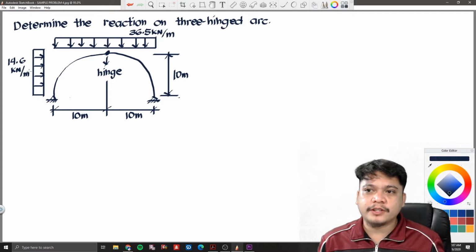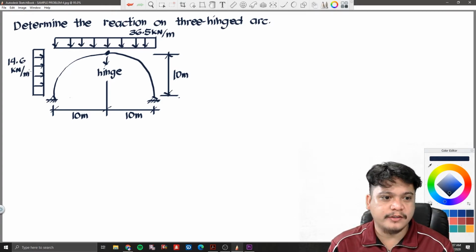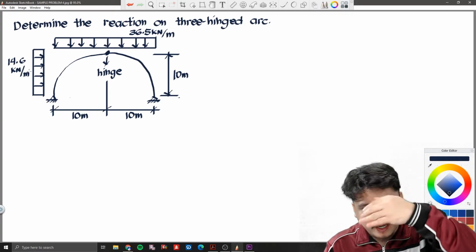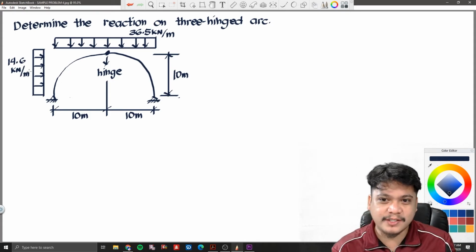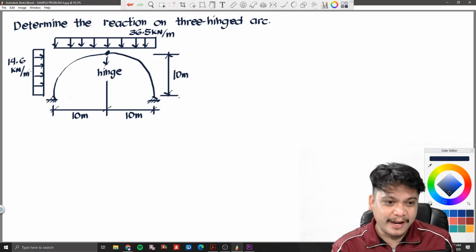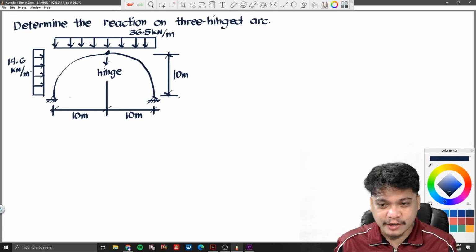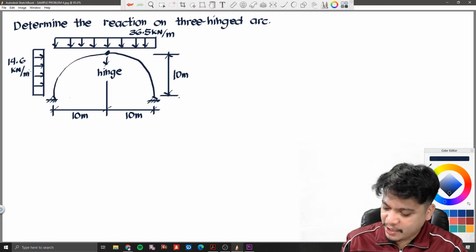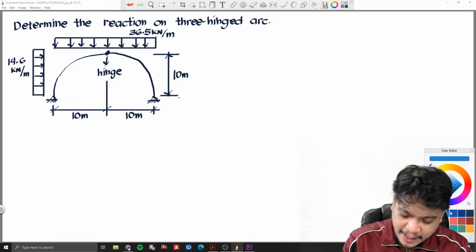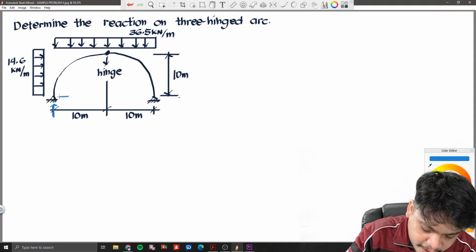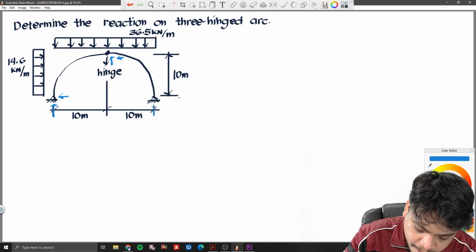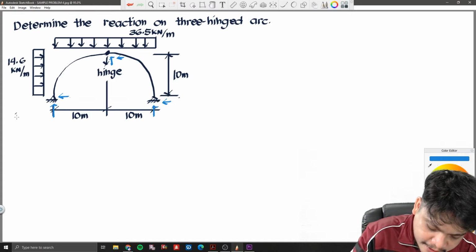Okay. So, determine the reaction on 3 hinge arc. Okay. If I'm not mistaken, sa statics natin, nagbigay na ako ng mga 3 hinge structures. Okay. So, ang ginagawa natin yung by through the actions reaction, pinuputol natin. Ano? So, yung determinacy niya, again, bilangin natin kung ilan. So, meron ka ditong 1, meron ka ditong 2, and then, of course, 3, 4, 5, and then 6.